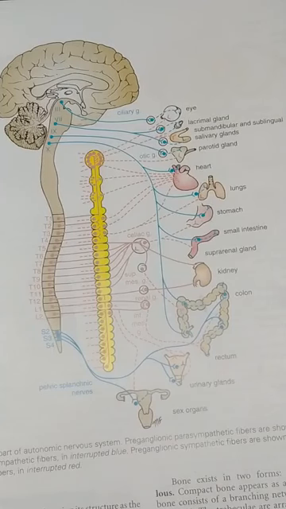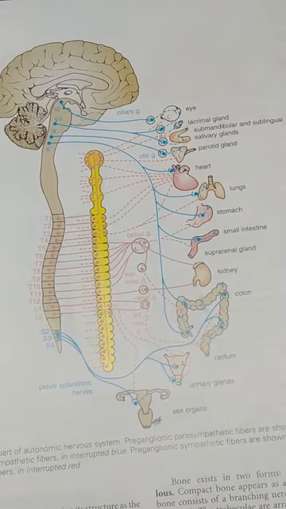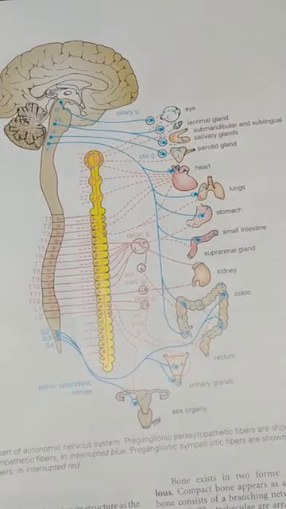So the plexus refers to a collection of sympathetic and parasympathetic fibers, while when you say ganglion, it is a sympathetic ganglion. So that is the thoracolumbar outflow.